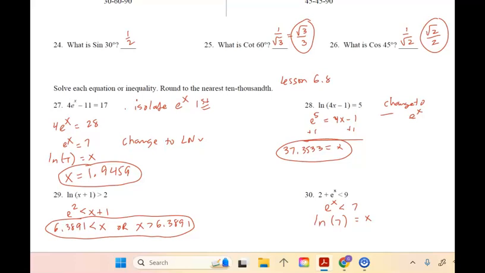And so it's that same number, 1.9459 should be less than. I'm sorry, greater than. Notice when we had e to the x is less than 7, the inequality is pointing at x there, so it still should be pointing at x. So 1.9459 is greater than x, or you could say x is less than 1.9459.